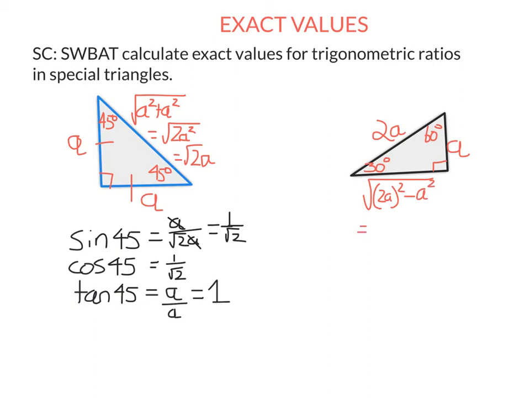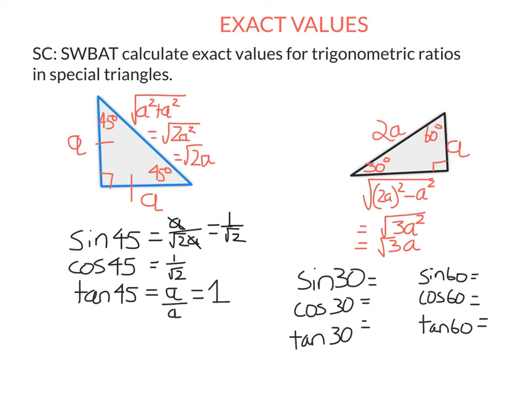So you actually get the square root of 3A squared, or the square root of 3 times A. If the shorter side in a 30, 60, 90 triangle was 1, this side here would be root 3, and this side here would be 2. If the shorter side was, say, 6, this one would be root 3 times 6, and this one would be 2 times 6, which is 12. Again, we can use this to calculate some exact values.